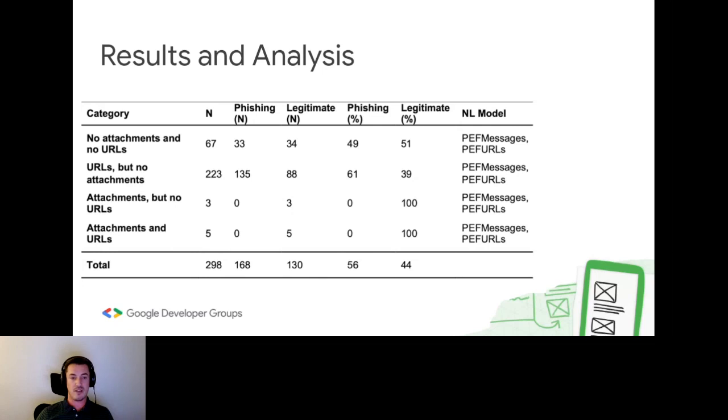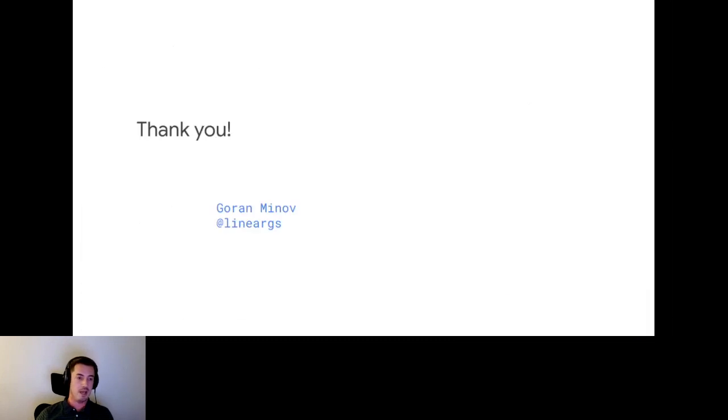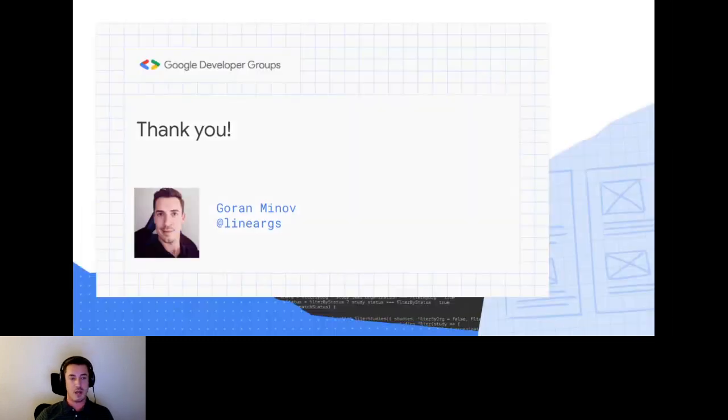Based on this, we have 60 to 40 and almost 50 to 50 with no attachment and no URL. Looking at those details, that's not the greatest. However, it provides a very good start to continue improving your phishing email framework. Yeah, and with that we conclude my presentation.